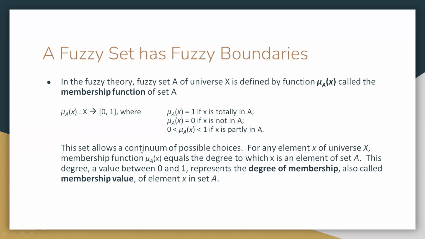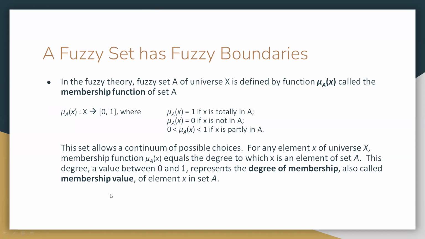So this allows for possible choices. For any element x of the universe capital X, the membership function mu of A equals the degree to which x is an element of the set A. If the value is between 0 and 1, it represents the degree of membership, also called the membership value.